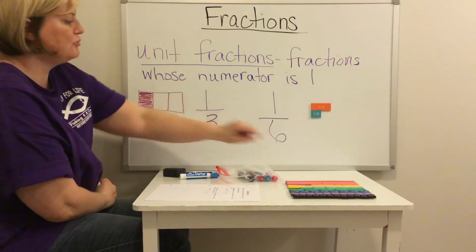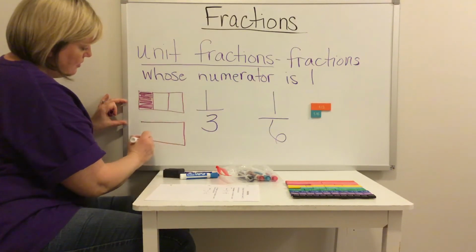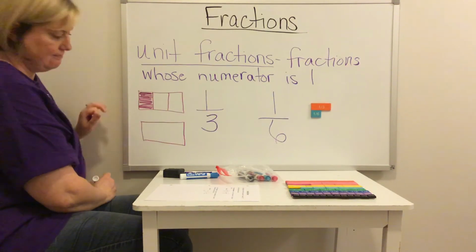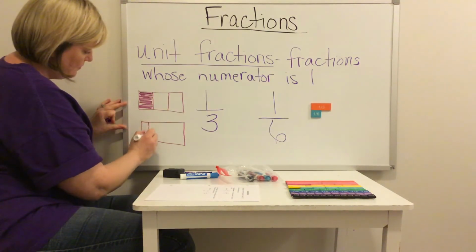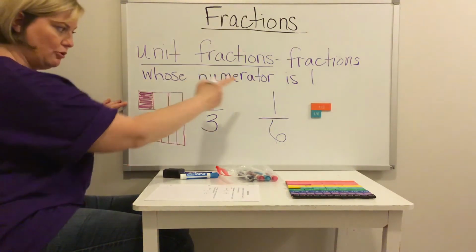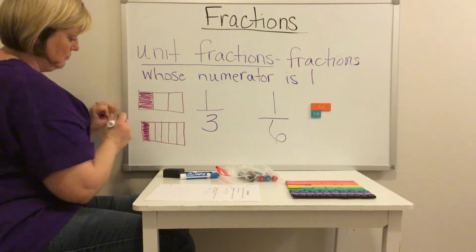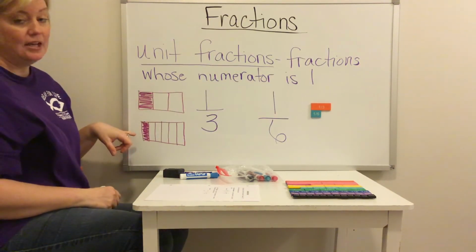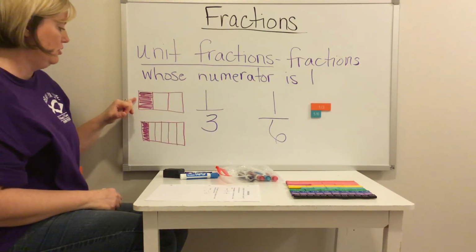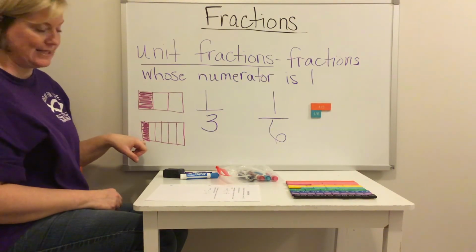All right, now for this one, same size candy bar, but this time it's divided into 6 equal pieces. Okay? And I'm only going to get 1 of those pieces. So you see that I get a bigger amount if my candy bar is only divided into thirds. A 1/3 piece is bigger than a 1/6 piece.